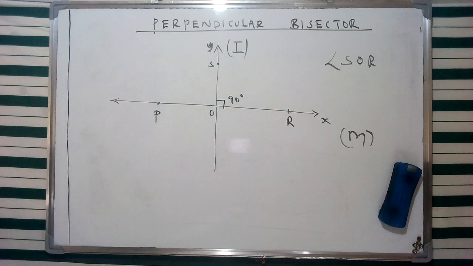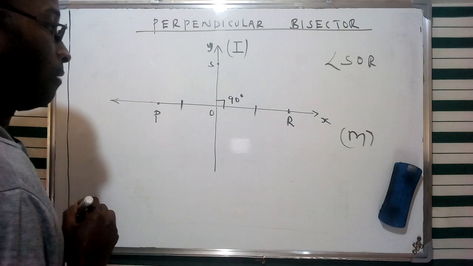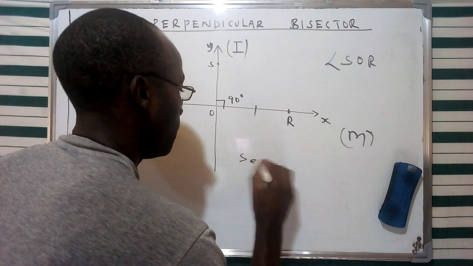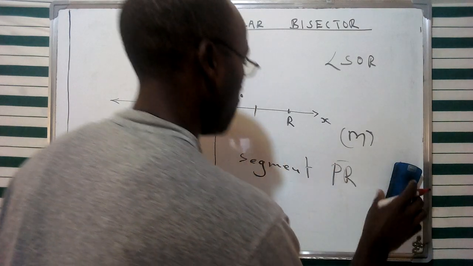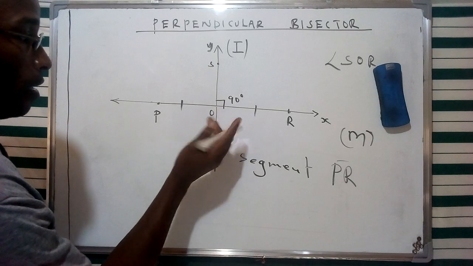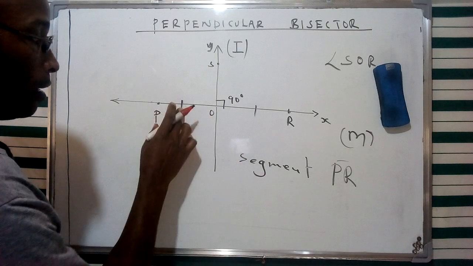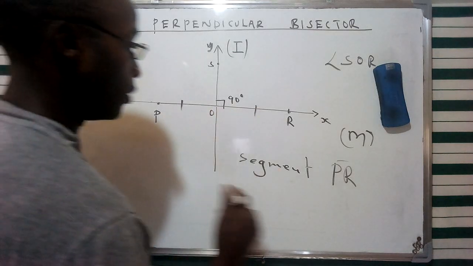Now, in this particular case, a perpendicular bisector is a line that is going to divide a particular segment into two equal parts. And we can see that if I have a segment PR, this particular segment is going to be divided at this point O, whereby OP and OR are going to be equal.